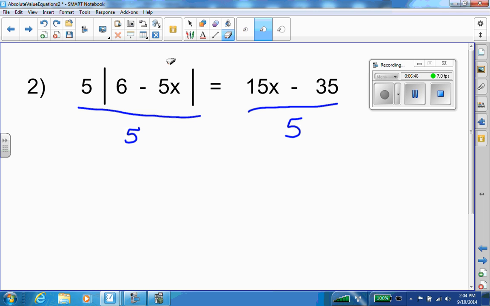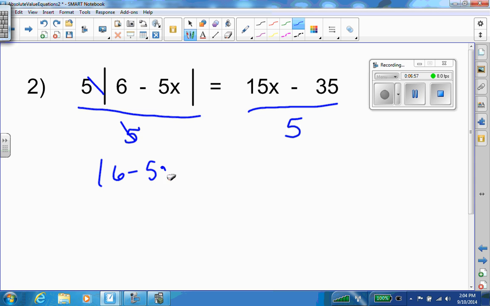So in order to undo the multiplication by 5, we have to divide by 5. So that cancels the 5. We're left with the absolute value of 6 minus 5x equal to 15 divided by 5 makes 3, so we get 3x minus 7.